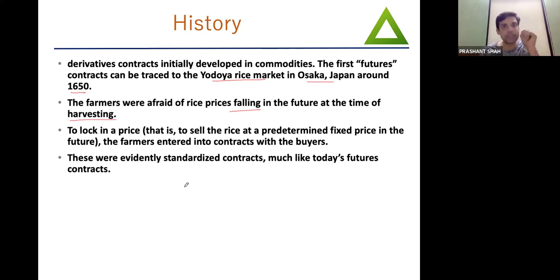Okay, so we take this example and try to understand what is happening here. First of all, we have a farmer, and this is my standard example. Whatever curriculum you are studying with me, CFP, CWM, CFA, any, I take the constant example. So the farmer and another party, the merchant. Now the farmer is worried about price.